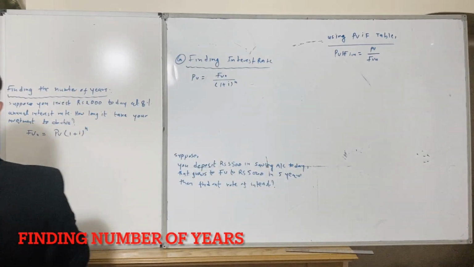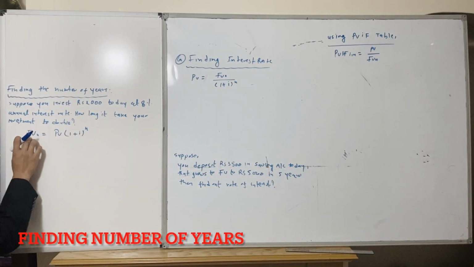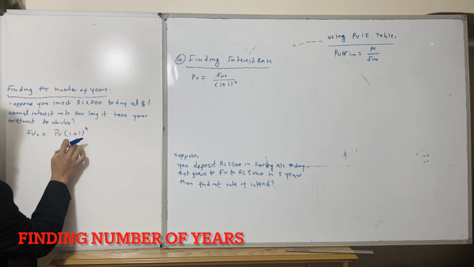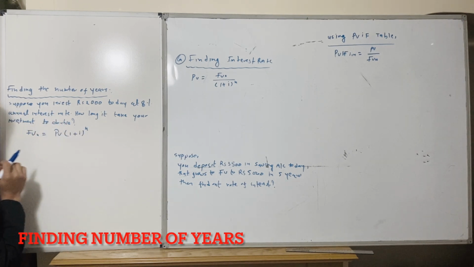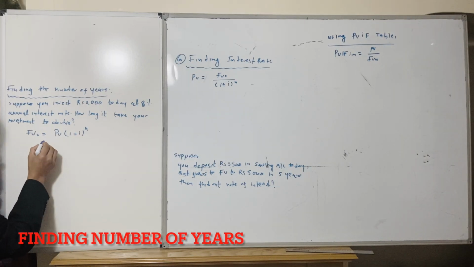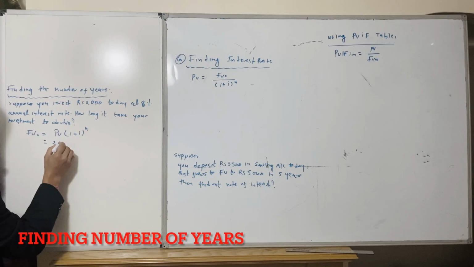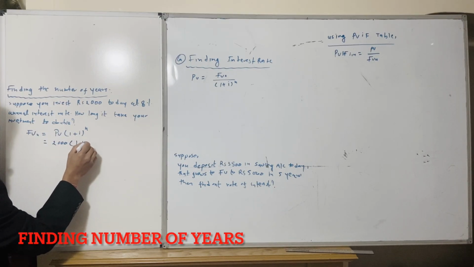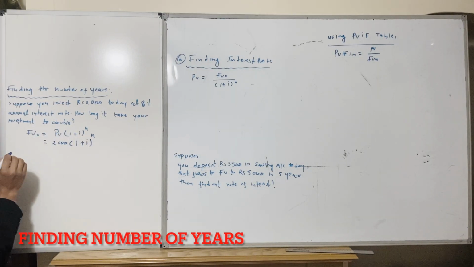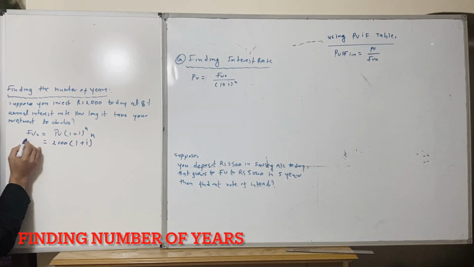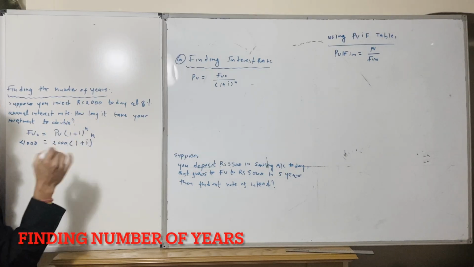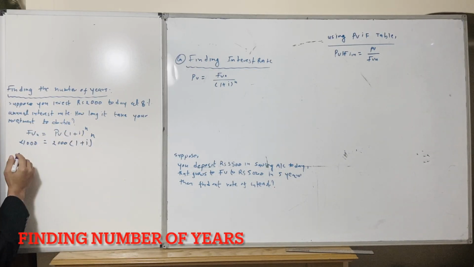We can use the formula: future value is equal to present value times (1 plus i) to the power n. The present value is 2000, and the future value is 4000 because the amount is to double.